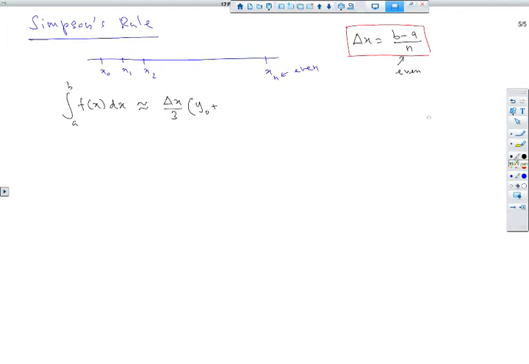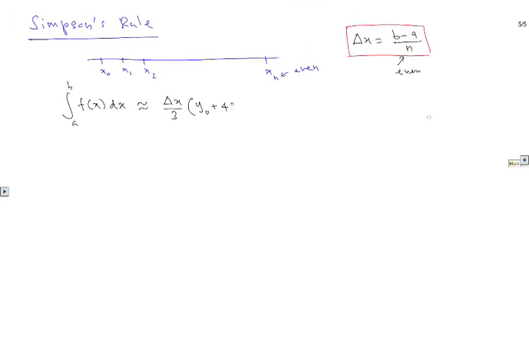So it is 4y1 and then 2y2 and then 4y3 and then 2y4, like that. See the pattern, and it stops with 4y(n minus 1) plus yn. So that is the formula.